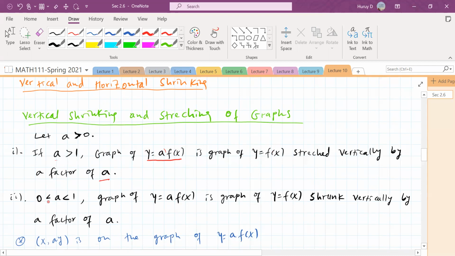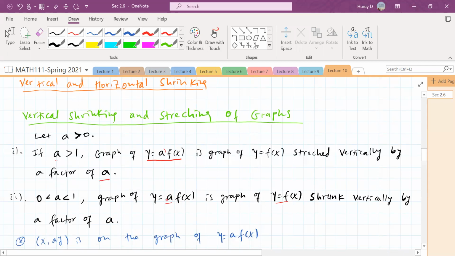Okay, but if a is between 0 and 1, let's say 1/2 or something like that, then the graph becomes the original graph shrunk vertically by a factor of a. Okay, well, it makes sense.